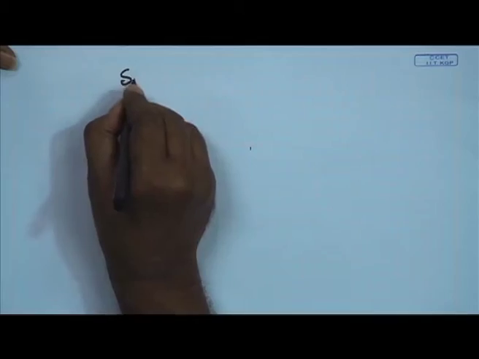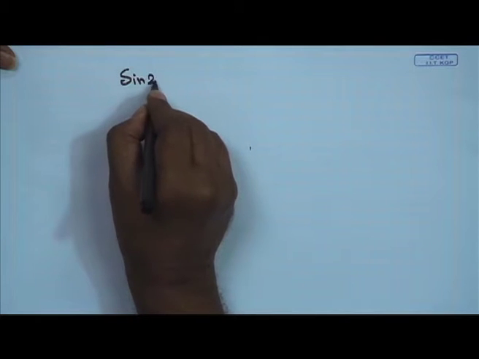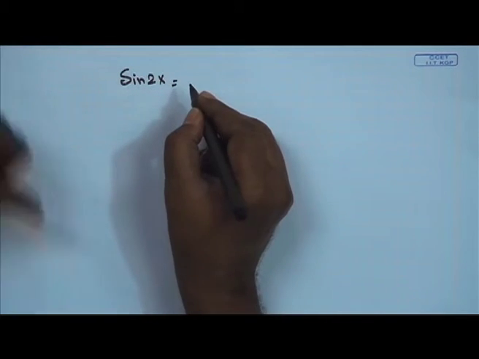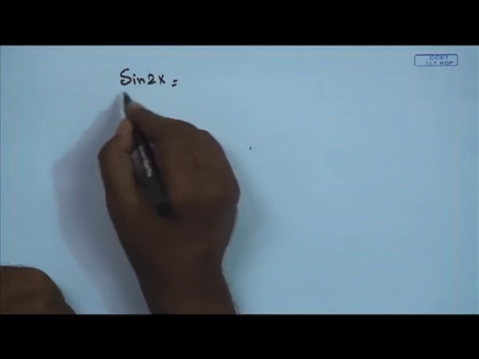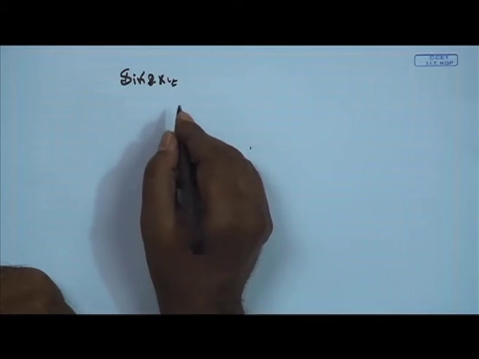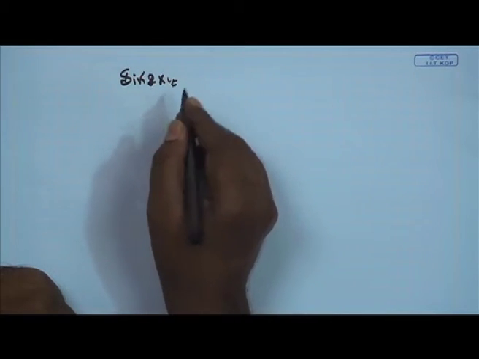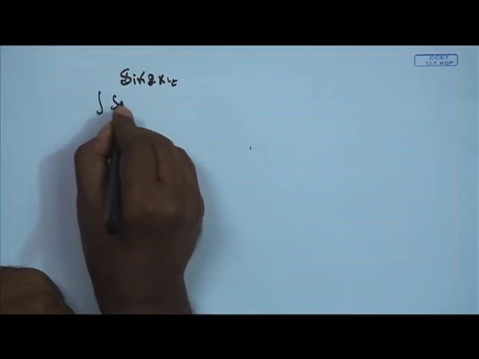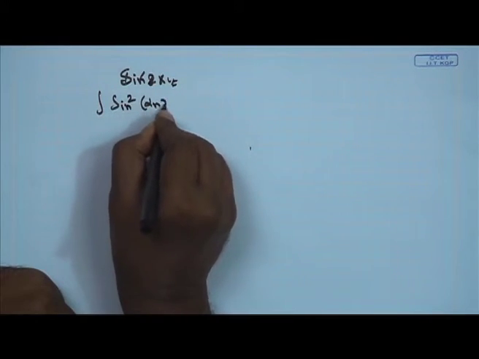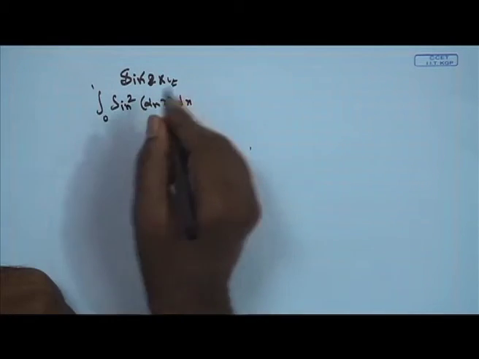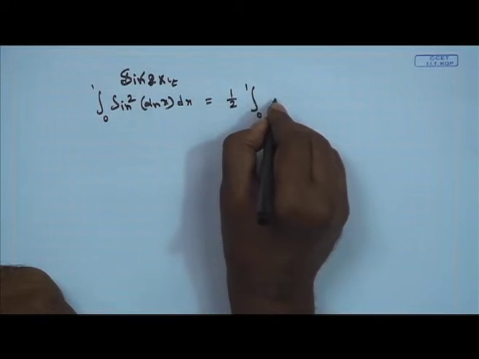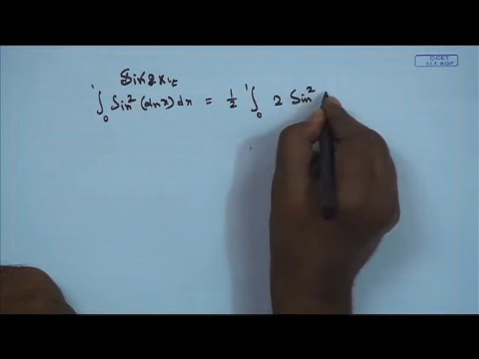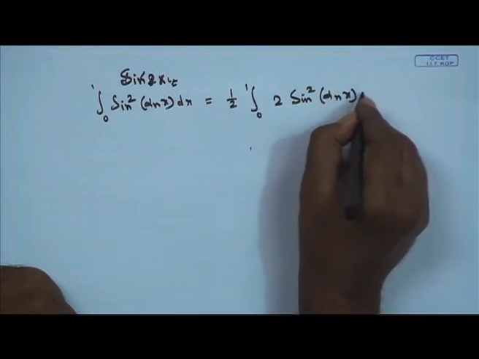utilizing the function sine 2x. What is sine 2x? So let us look into how this can be evaluated. The integral of sine squared alpha n x dx from 0 to 1 is equal to half the integral from 0 to 1 of 2 sine squared alpha n x dx.